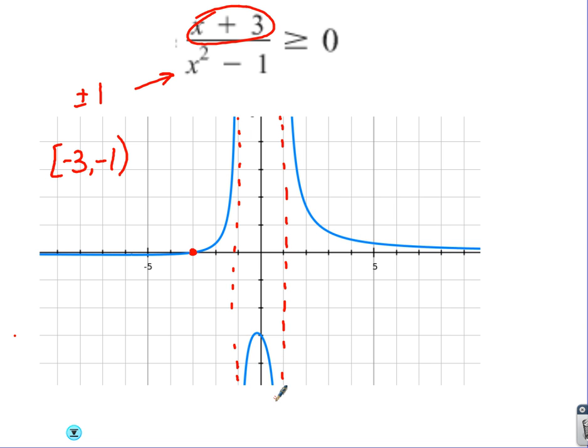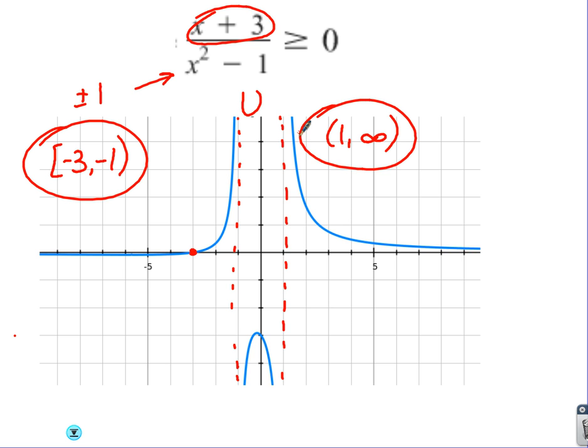It jumps back at this vertical asymptote, from being below to all of a sudden being back above. So from that asymptote line, not including it, because x can't be equal to that, from 1 to positive infinity, it's going to be above it still. So where's my graph above or equal to 0? From negative 3 to negative 1, or from 1 to infinity.